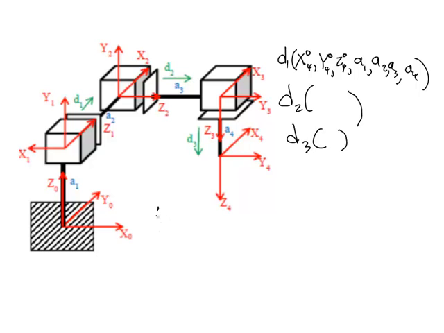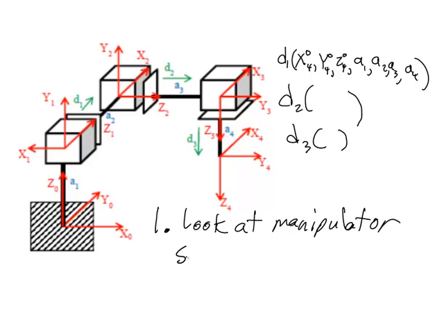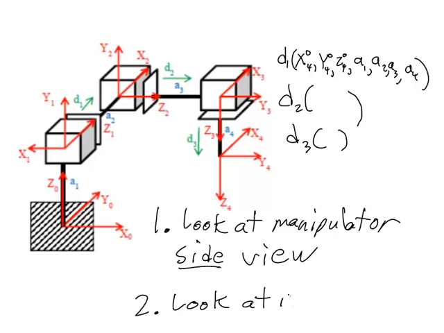It doesn't particularly matter which order you do these two steps in, but one step is to look at the manipulator from the side view and write as many equations as you can from the side view, and then we'll turn the manipulator and look at it from the top view.